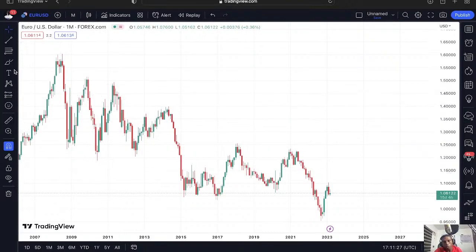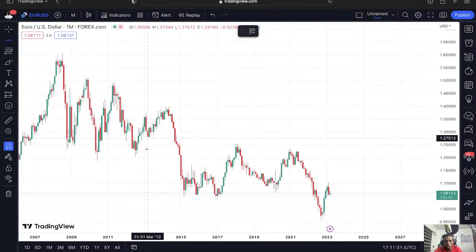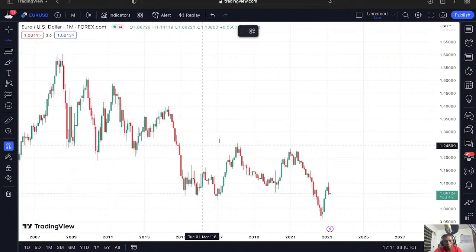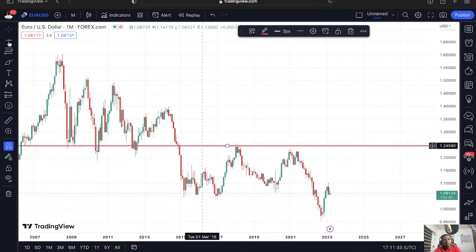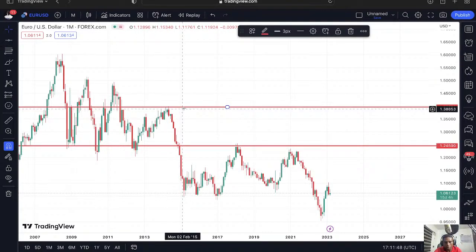From here, we could see that there are levels of support, as you can see here, and levels of resistance. These levels also serve as support and resistance.